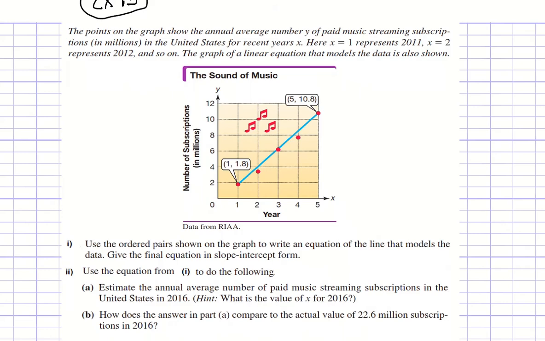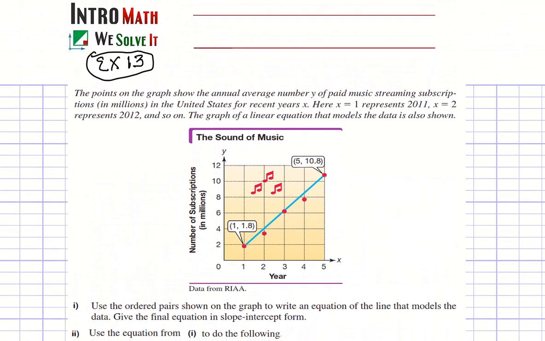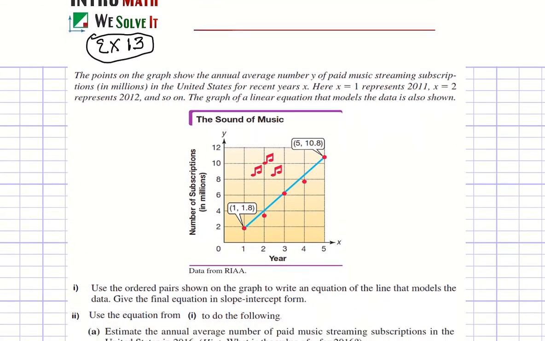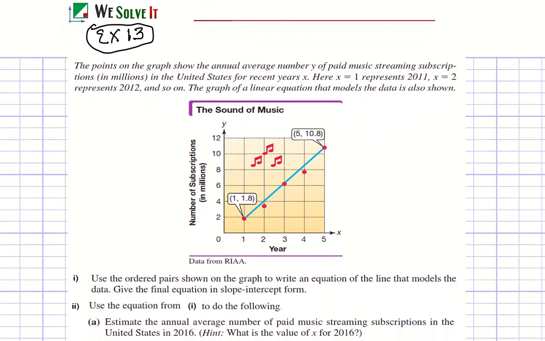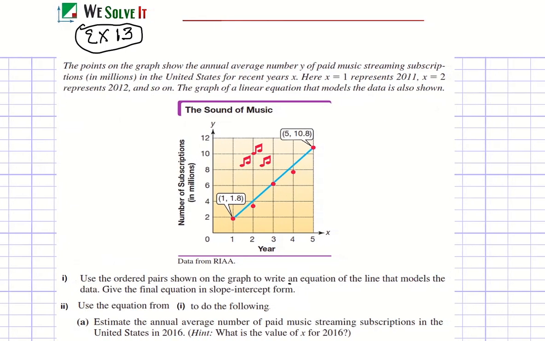Yes. Okay, and then we're going to do all these problems. We're going to do 1, 2, and then 2 has A, B. Okay, so let's get to it. Notice, it says use the ordered pairs shown on the graph to write an equation of the line that models the data. Give the final equation in slope-intercept form. You see that language? Write an equation that models the data.